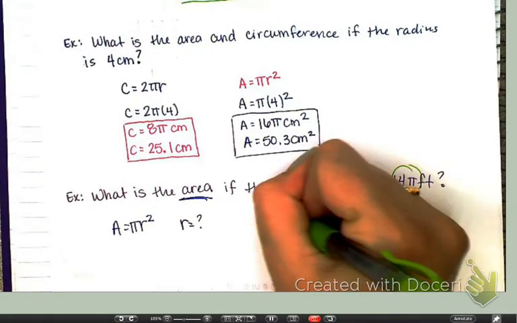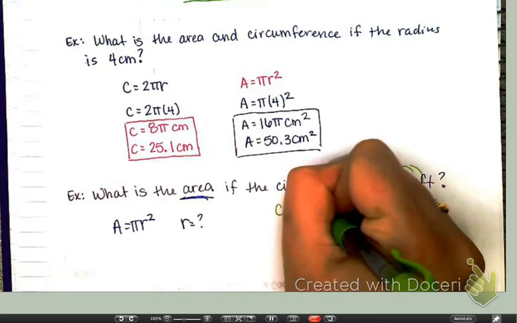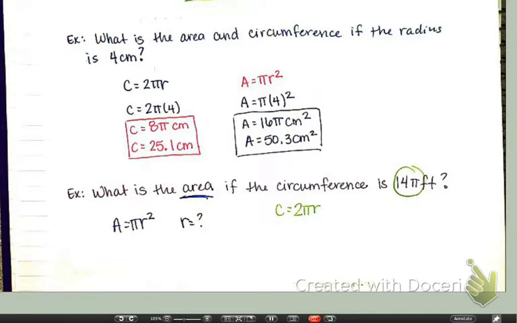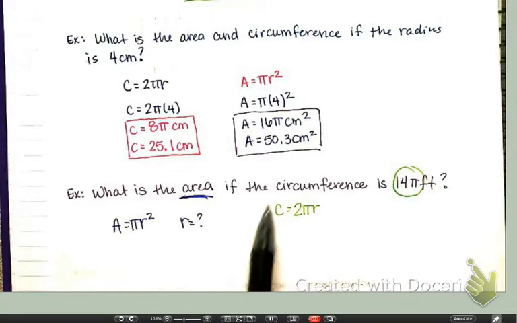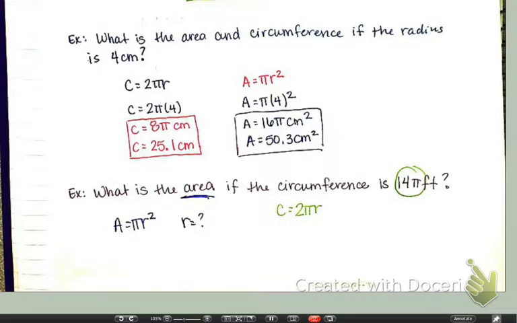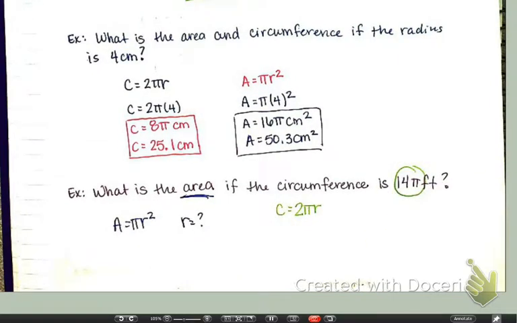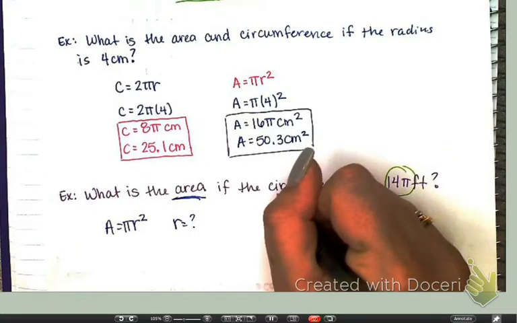Okay, circumference formula is 2 times pi times r. And if I know the circumference is 14 pi, where could I plug that into this formula? For C, for circumference.